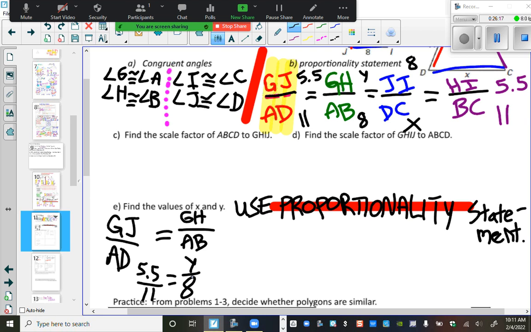Now, before you solve for Y, I want us really quick to get our other proportion. Keep your GJ over AD. You're going to need that again. 5.5 over 11 equals, okay, which other?